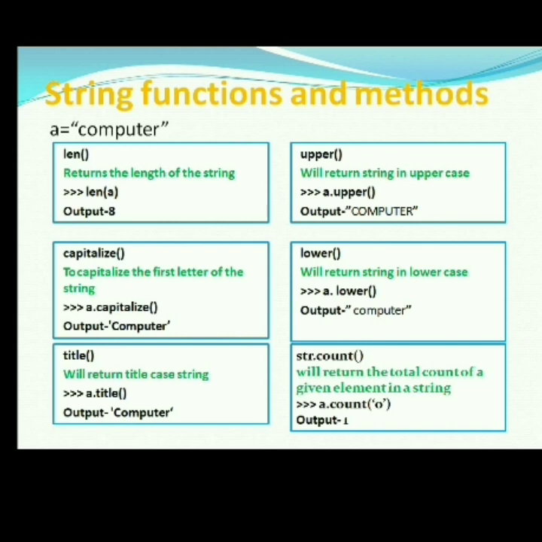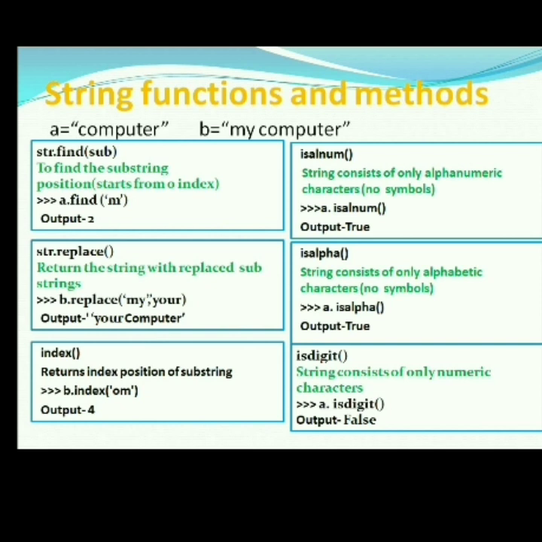The find method returns the lowest index in the string where the substring is found within the slice range from start to end. If the substring is not found, then it will return -1. Here a.find('m') will give 2 because m is in position 2. As we know, the index starts from 0.